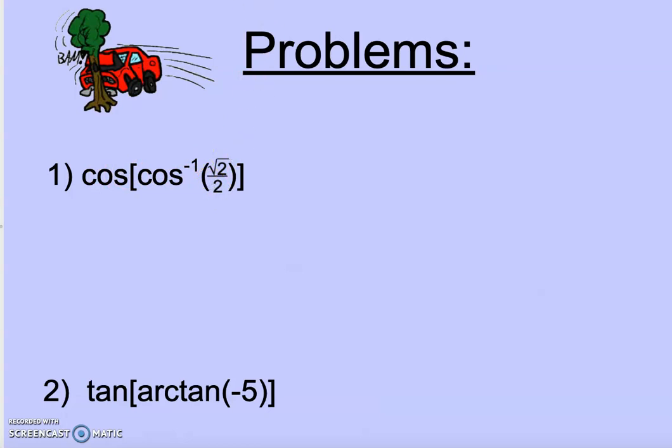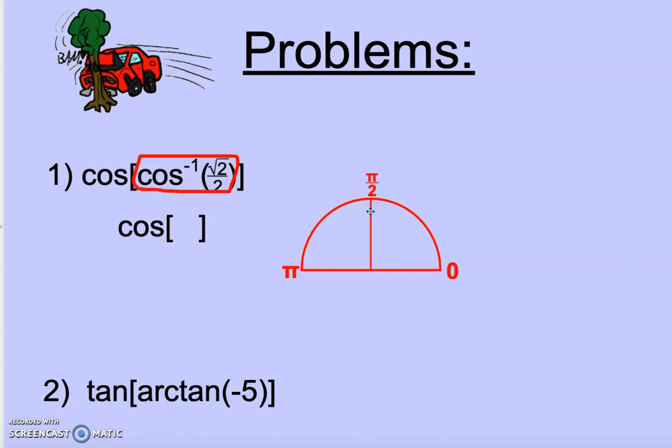And you may remember the way we handle this is we look inside at the innermost function first. So I'm going to play around with that innermost function first. So I'm going to keep cosine of something on the outside, and I have to figure out what this is on the inside. Now it's an arc cosine, an inverse cosine, and so I want to look at my unit taco. And where in that unit taco is cosine positive, radical 2 over 2?